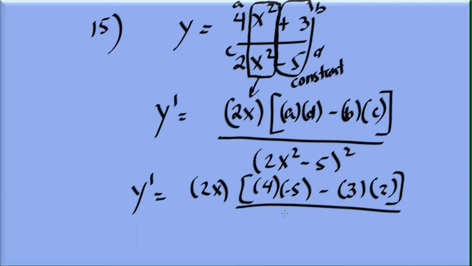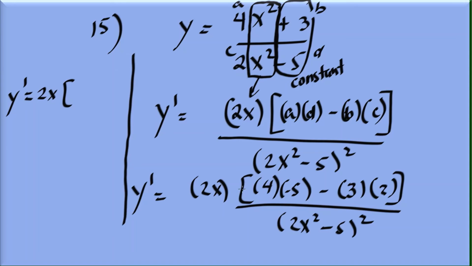Okay, so over 2x squared minus 5 squared. So our y prime is 2x multiplied by, this is negative 20 right here, and then minus 6, okay, over 2x squared minus 5 squared.